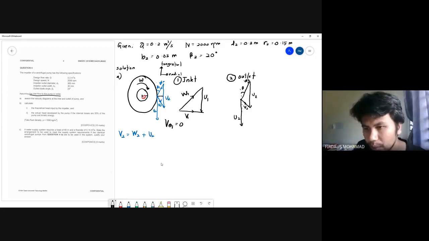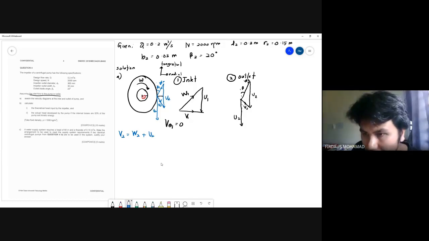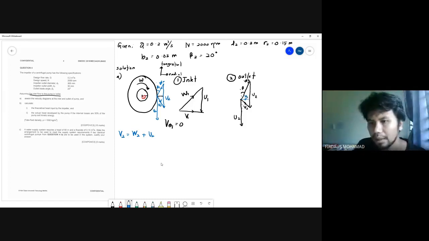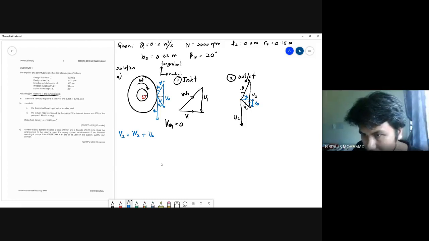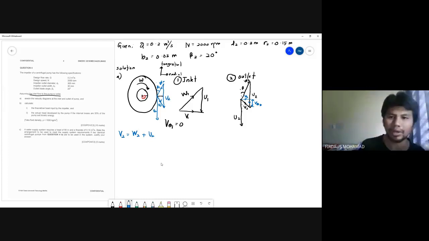And for V2, we have the radial component, which is here, Vr2, and then V theta 2. So this is the velocity triangle at the inlet and outlet for this case.